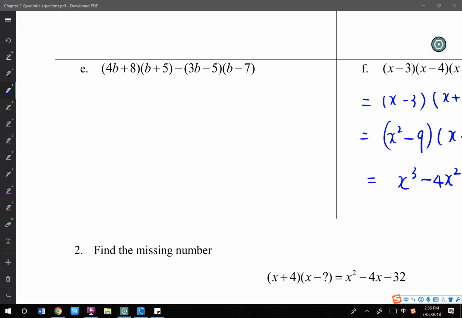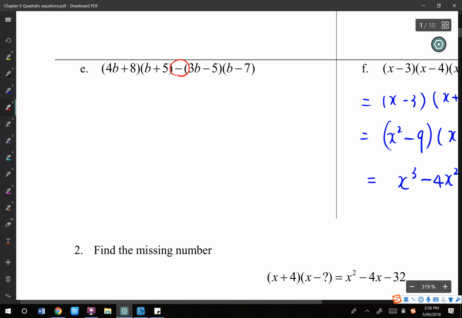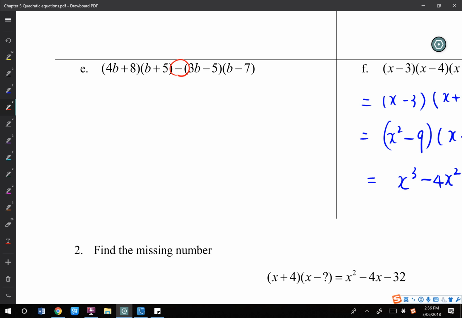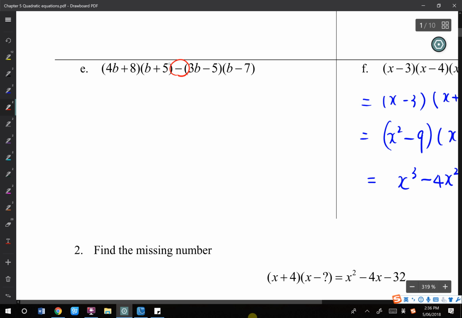It's because of this minus sign in between. When we do calculations, we do multiplication or division first, and then plus or minus. So we will expand the two brackets first. That will give you 4b squared plus 8b plus 20b plus 40.